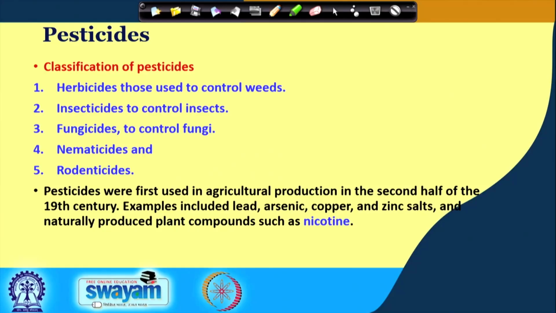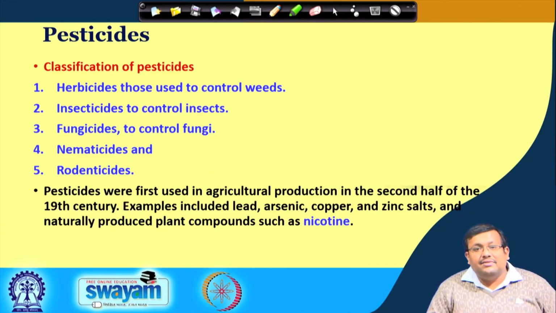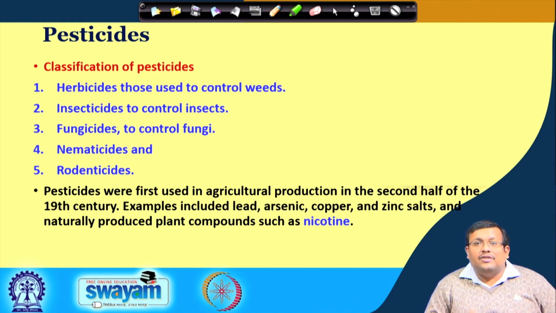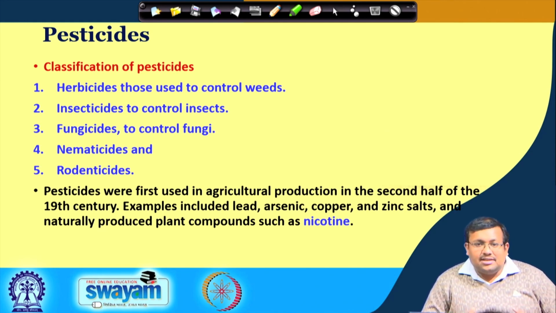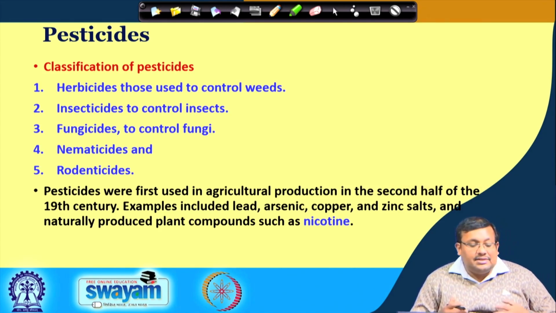If you see here, the pesticide is a very important group of chemicals, and this pesticide can be classified into 4 to 5 different subclasses. For example, we have herbicides which are basically used for controlling the weeds.